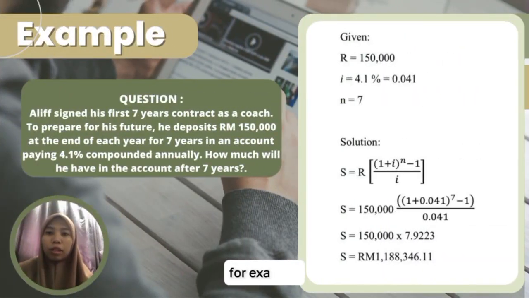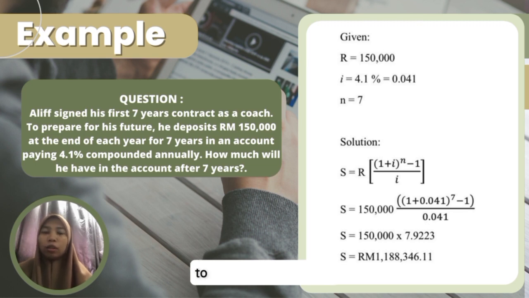For an example of the future value of an ordinary annuity: Alif signed his first year 7 contract as a coach. To prepare for his future, he deposits RM150,000 at the end of each year for 7 years in an account paying 4.1% compounded annually.